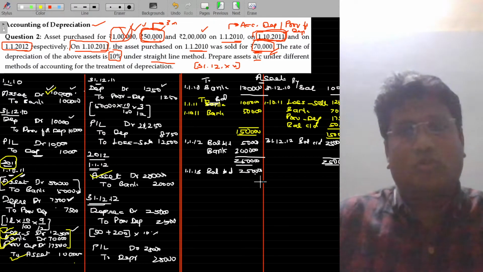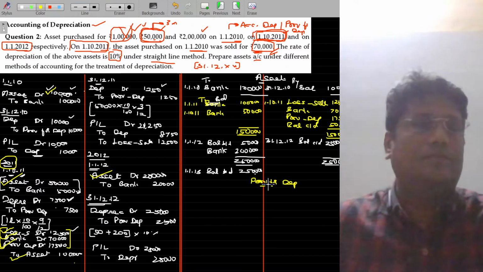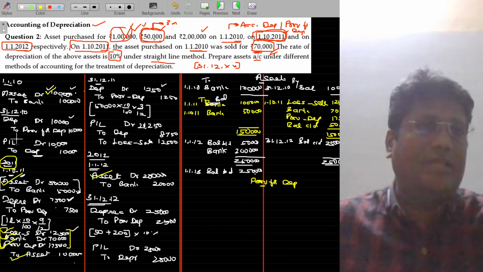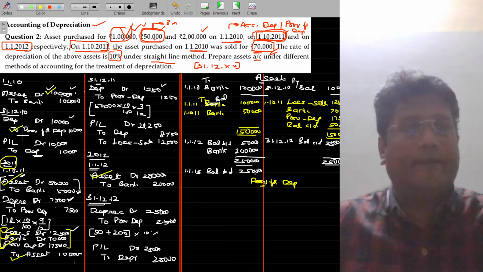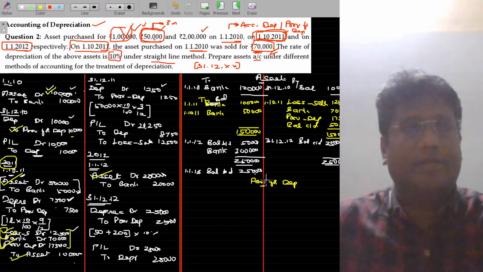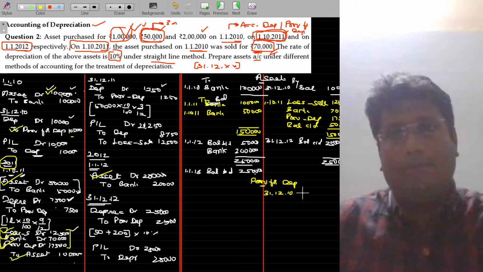The next account we are supposed to open here is provision for depreciation account. In the very first year end, we have the provision for depreciation. So how do I now pass the entry here? On 31/12/2010, provision for depreciation 10,000 should be in the credit side. By depreciation, the value being 10,000.